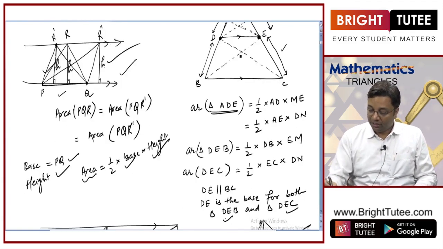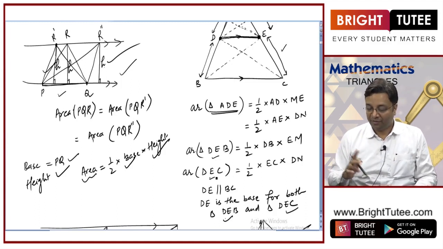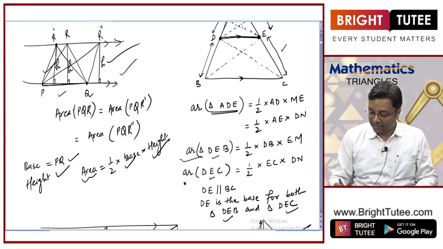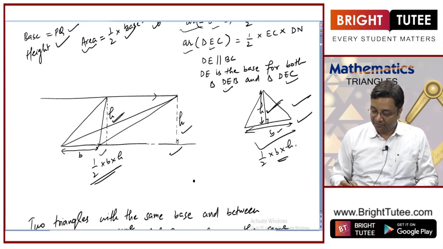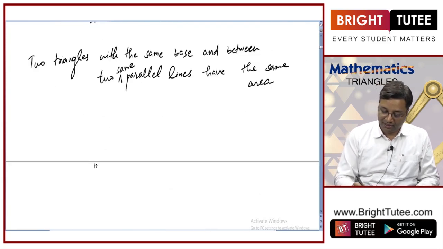So now look at these. DE and BC are parallel lines and base is DE for both these triangles, right? And these are between two same parallel lines. So these two areas are equal. Hence what I can say is area of triangle DEB and DEC is equal.